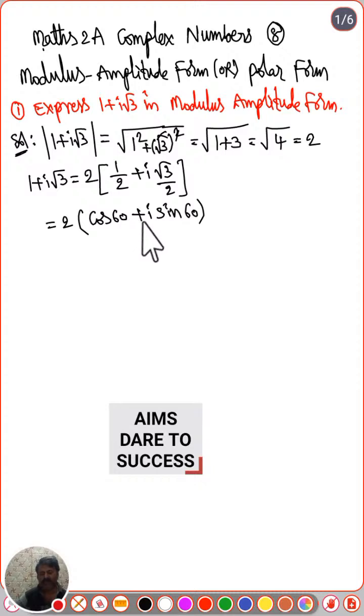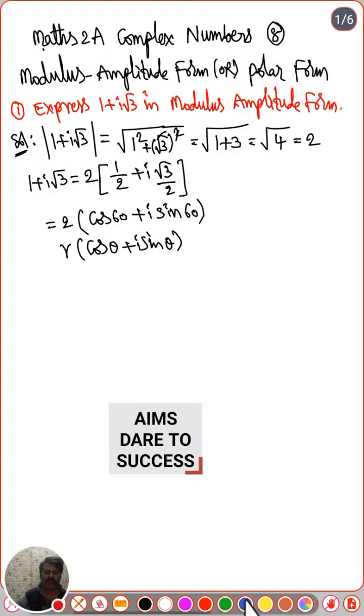Okay, this is the modulus amplitude form. Modulus amplitude form is r into cos theta plus i sin theta. Here r value is 2, theta value is 60. This is one procedure, my dears.